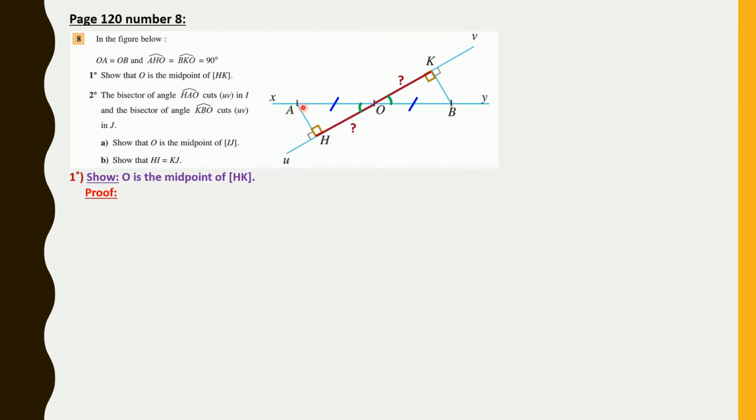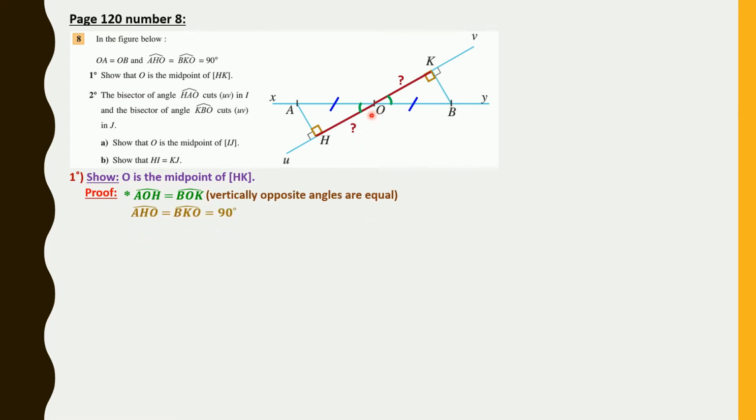First, let's prove that these two angles are equal. Then we prove that these two triangles are congruent. So first we write angle AOH equals angle BOK, vertically opposite angles are equal.